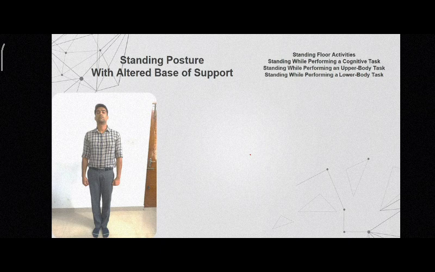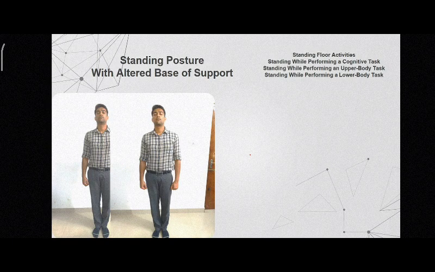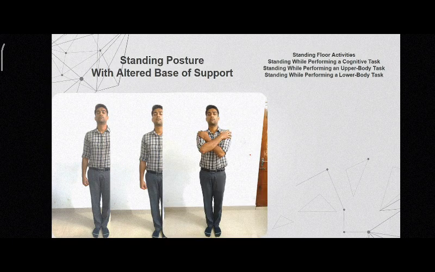Then they have to stand erect with open eyes, and you can do these exercises when the patient is standing on foam. Then you ask the patient to close the eyes.